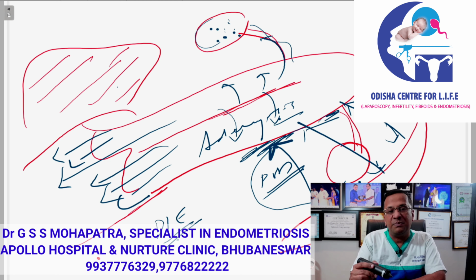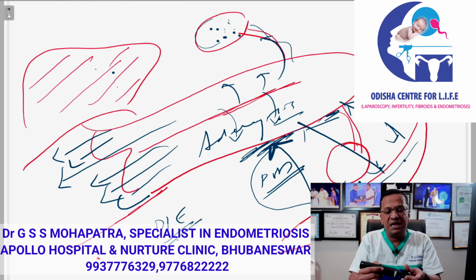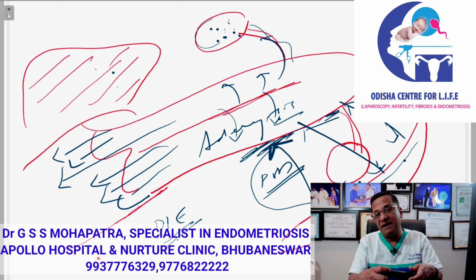So it is basically a disease of dysuria, difficulty in passing urine during menses. Dyschezia means the patient has severe difficulty while passing stool during menses. Dysmenorrhea is severe, unbearable pain during menses, incapacitating her from doing her daily activities. It has dyspareunia, meaning the patient has severe, deep pain while having intercourse.